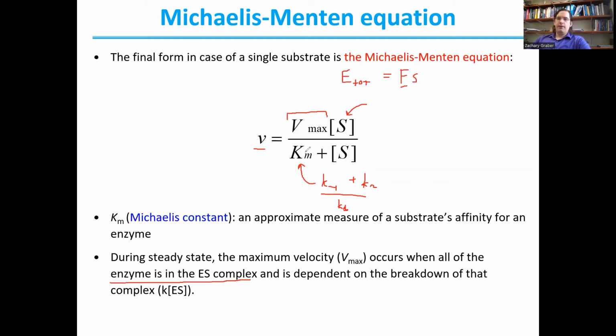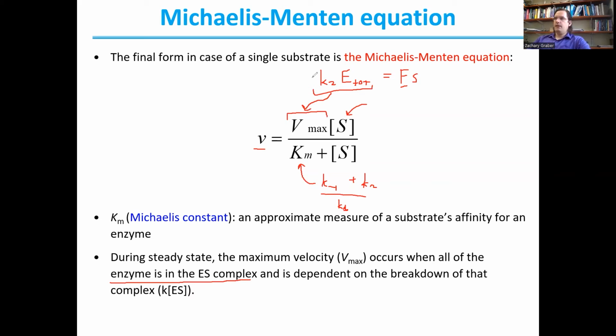And then, of course, the rate there would be based on our rate constant for that breakdown. So this would be essentially K2 times E total is equal to our Vmax.